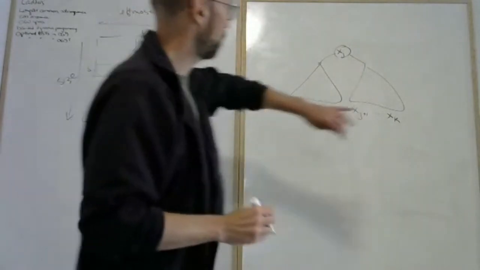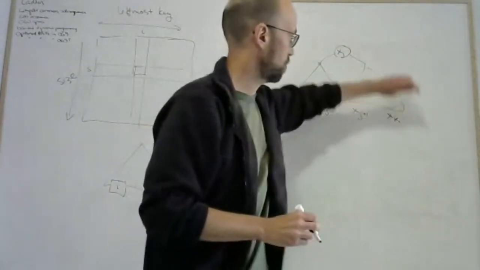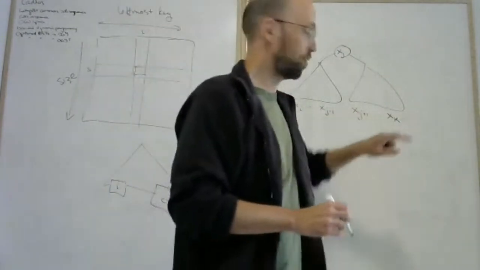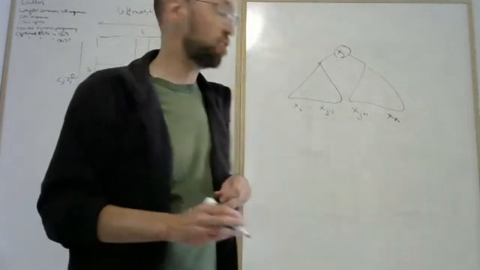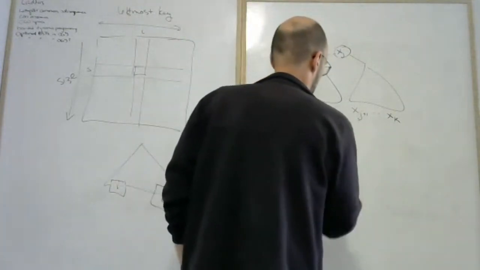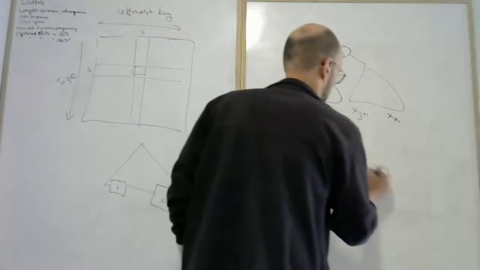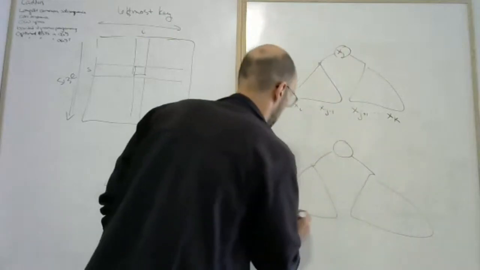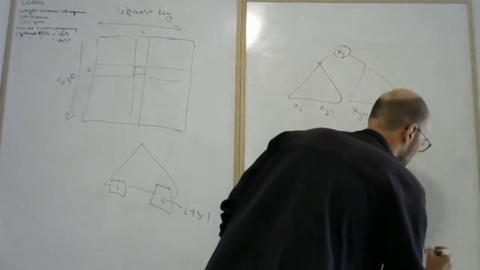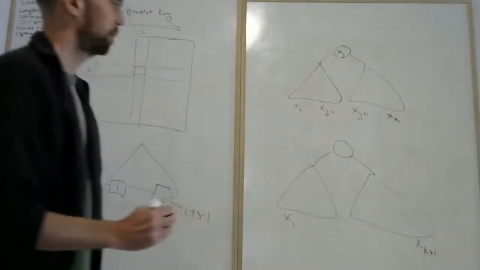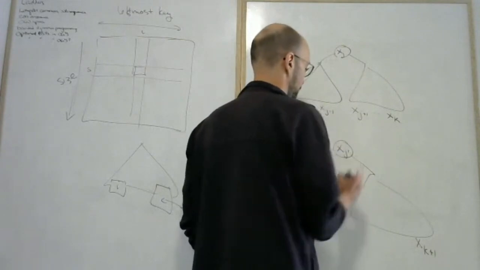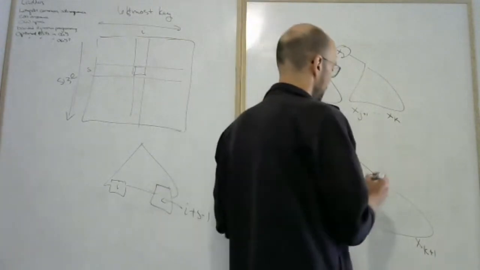So he said, if you've worked out the optimal binary search tree for x_i to x_k, and it's rooted at x_j, and then you want to work out the optimal binary search tree for x_i to x_{k+1}, and you work out it's rooted at x_j'.